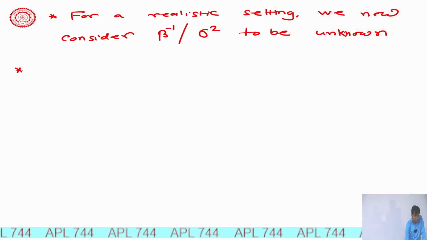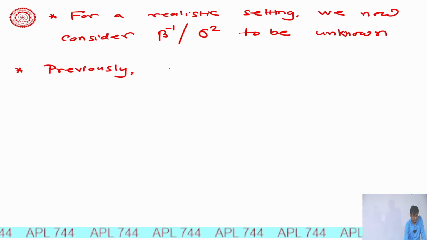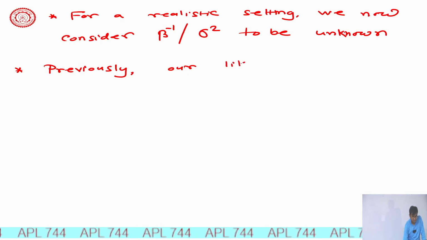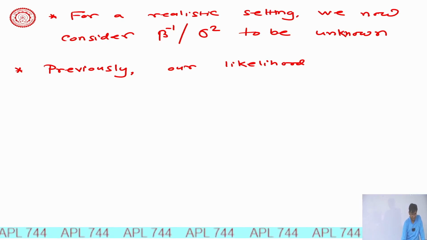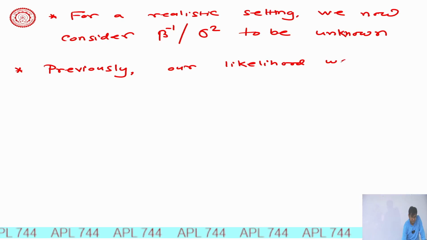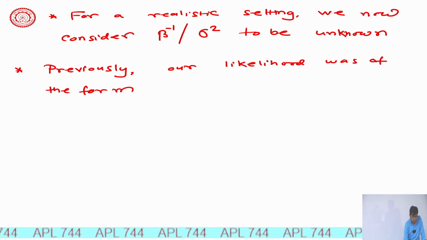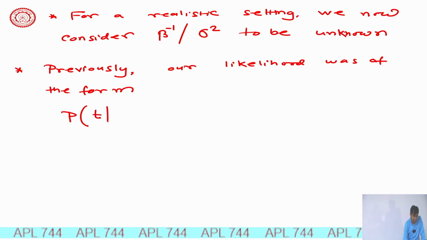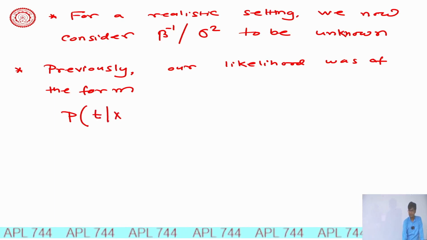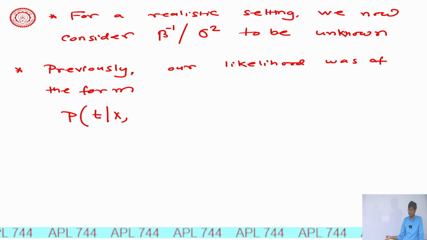Previously our likelihood, or to be more specific I should say data likelihood, but I am writing likelihood, was of the form probability of t given x, comma, the parameters theta.